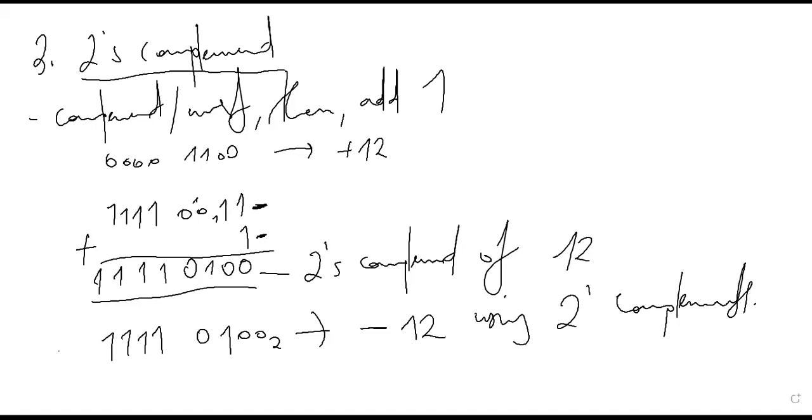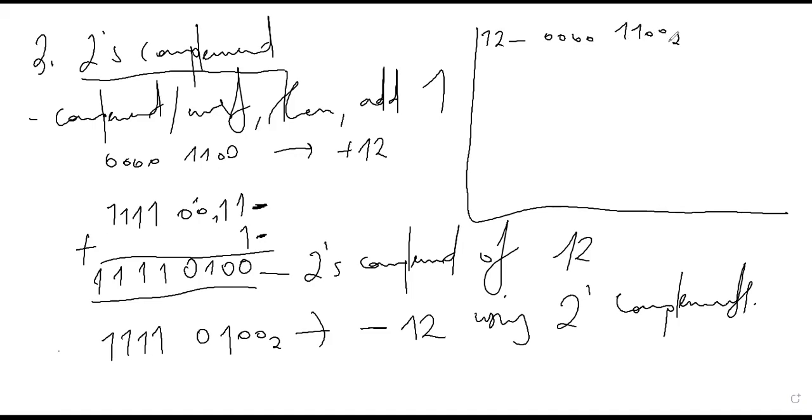Side note: 12, normal binary number 12, is 0 0 0 0 1 1 0 0 base 2. This is a normal binary number.